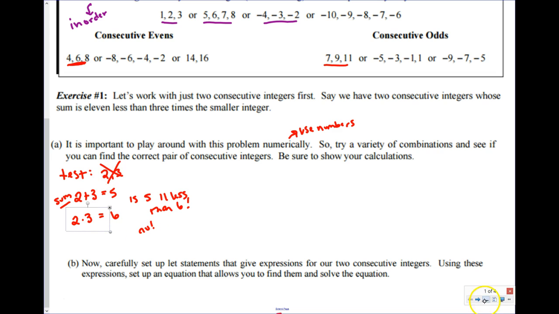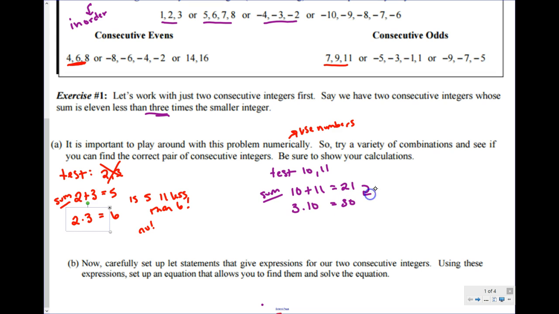Okay, let's test another two numbers. Let's try 10 and 11. Okay, so the sum, 10 plus 11, is 21. And so that's my sum. And now we're looking at 3 times the smaller one, well, 10 is the smaller one.